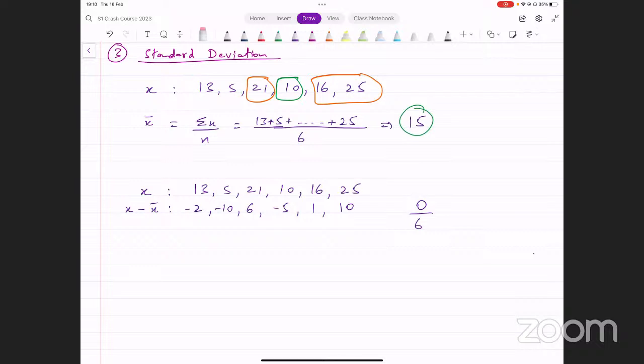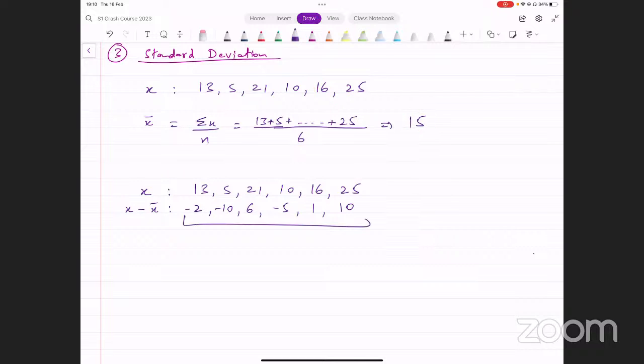So this doesn't work like this, because the negative and positive differences cancel each other out and the average will always turn out to be 0.